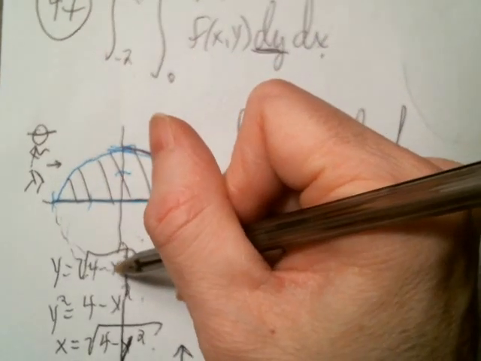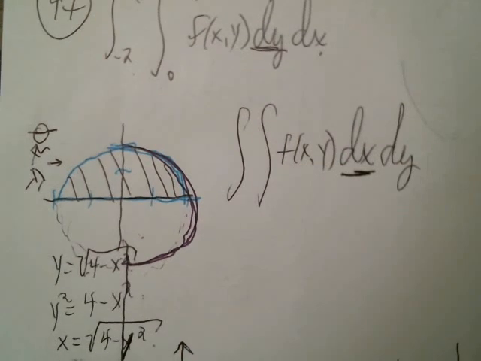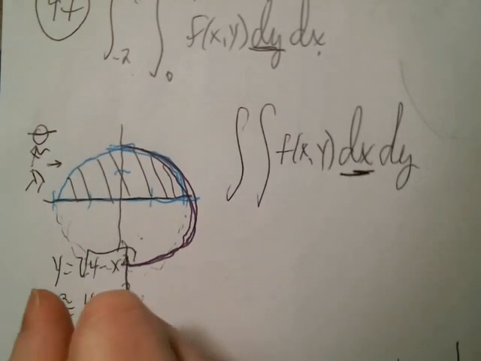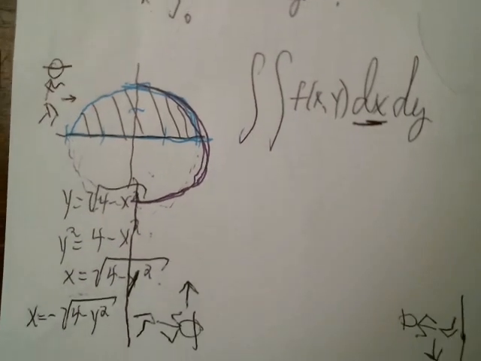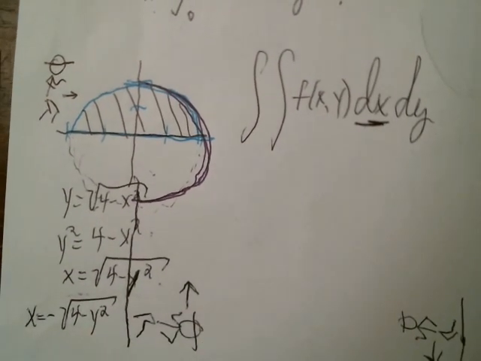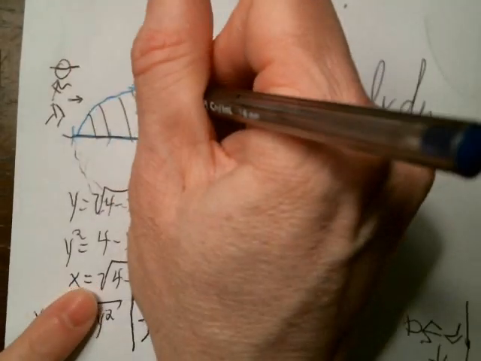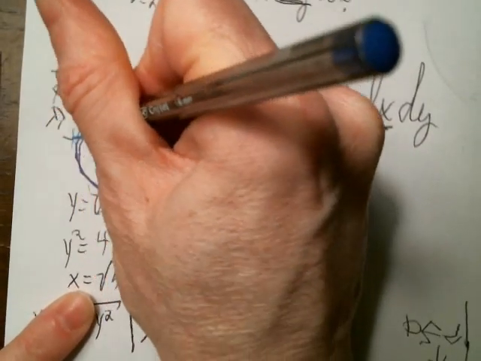So I have to use the other part, the x equals negative square root. So x equals negative square root of 4 minus y squared. I got to use that part of the curve as well. And where is that thing? That thing is the bottom. That's this guy here now.